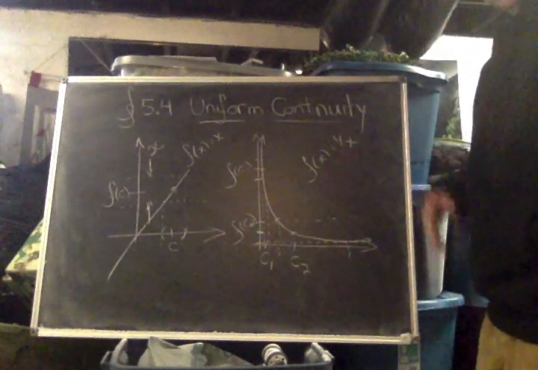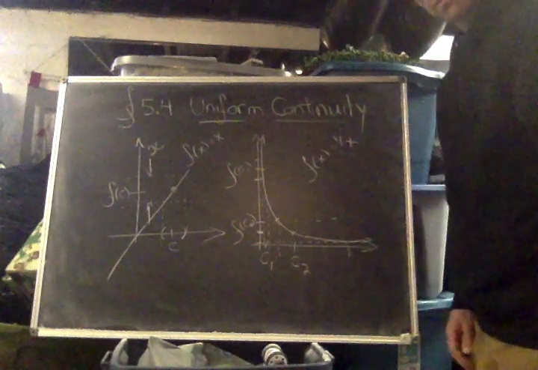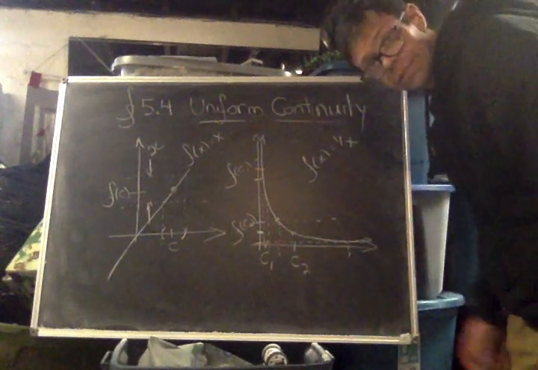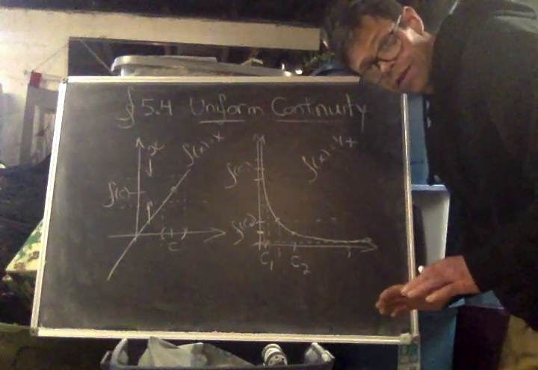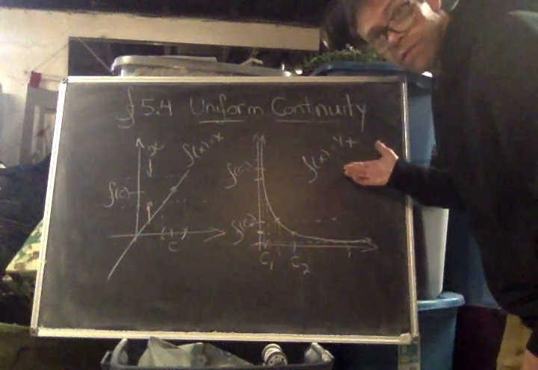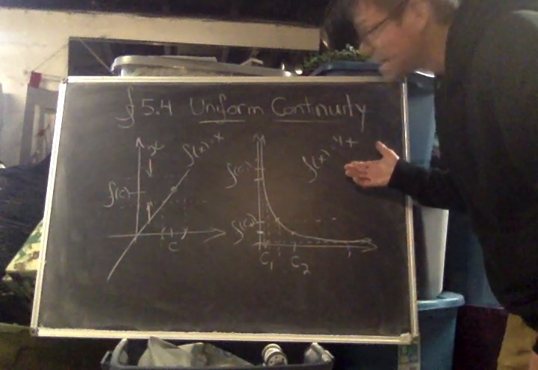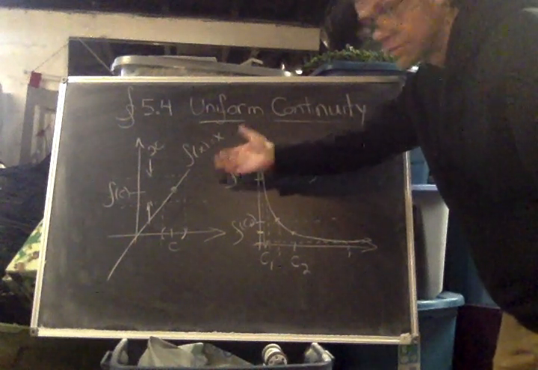So, given an epsilon greater than 0, you can find delta such that blah, blah, blah. But the point is that the delta really depends heavily on the value of the function that you're considering in the case of f of x equals 1 over x, whereas it doesn't really depend at all on the value of the function over here, okay?